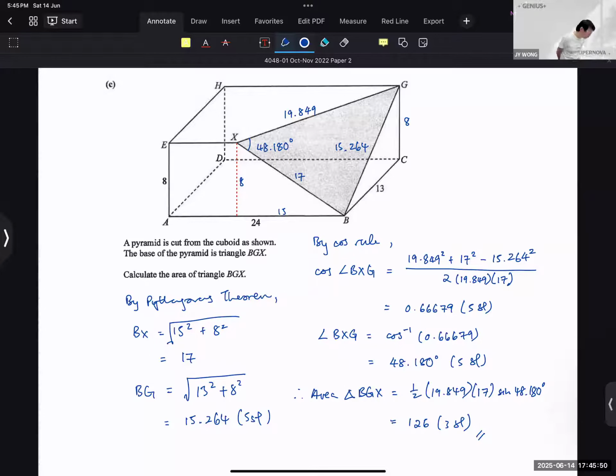So using Pythagoras to find the length, I think does not give you any mark. But it's a very straightforward thing anyway. All right. So make sure you know how to work your 3-dimensional figures.